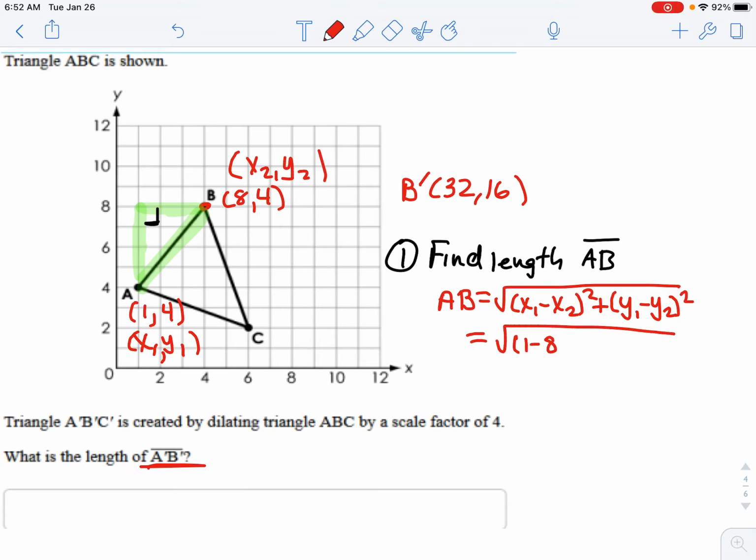And I'm going to have 1 minus 8 squared plus 4, excuse me. Oops, timeout. B was at 4, 8. So B prime would have been at 16, 32. But nonetheless, small little brain fart. That does mess up my things though. That should be 1 minus 4. That should be 4 minus 8.